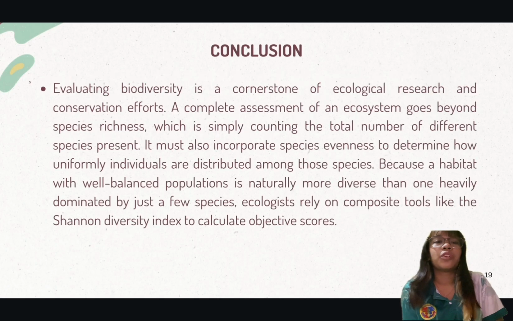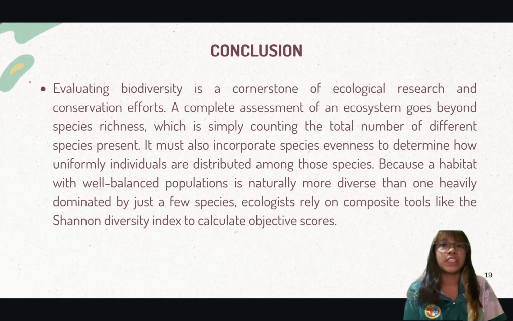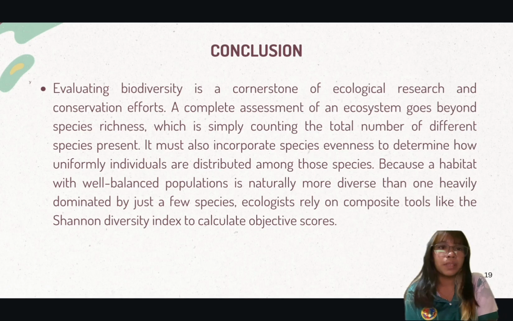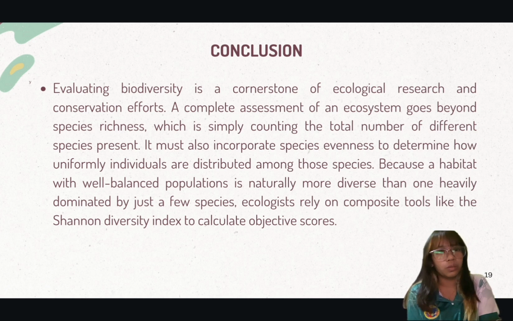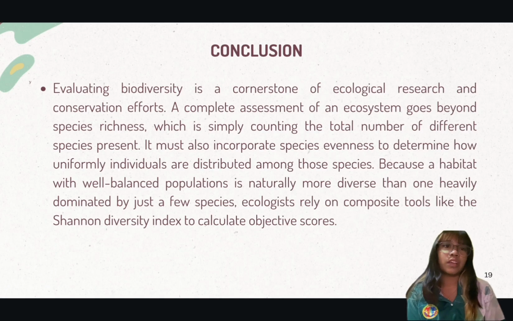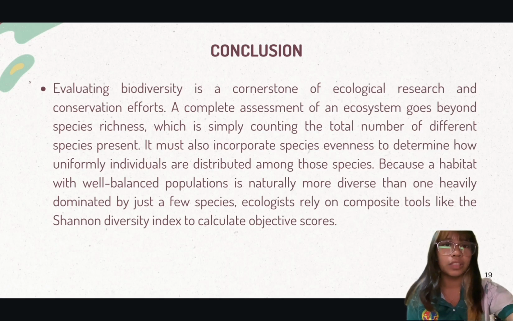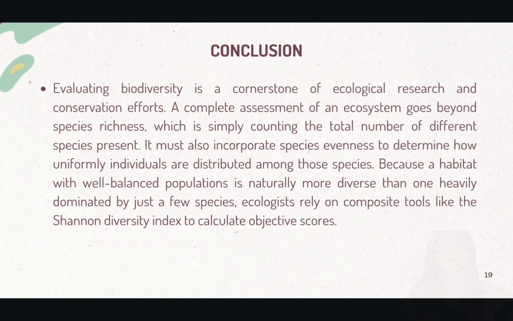In conclusion, evaluating diversity is a cornerstone of ecological research and conservation efforts, which goes beyond simply counting the total number of different species present, and also incorporates species evenness to determine how uniformly individuals are distributed.